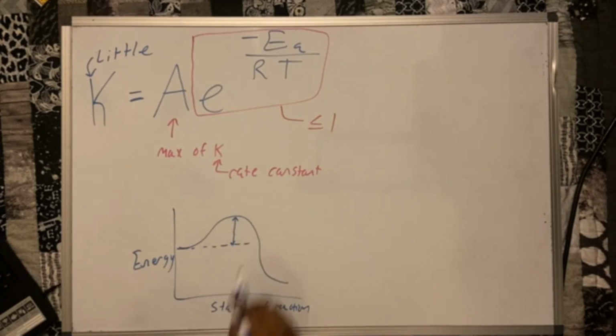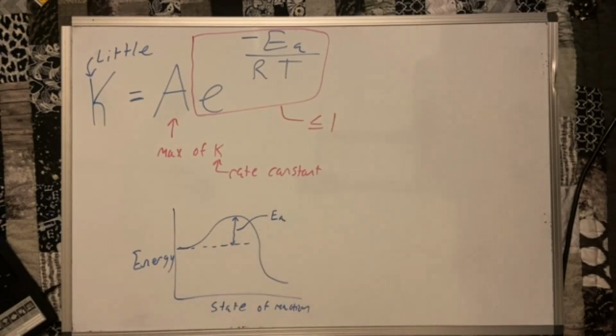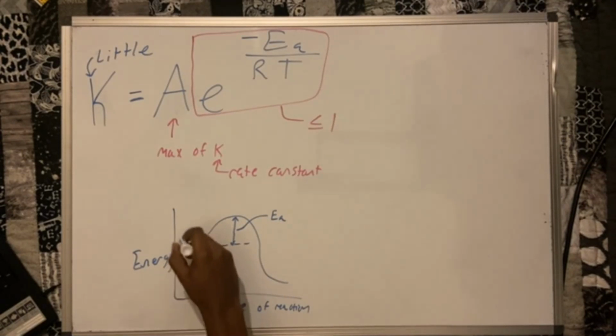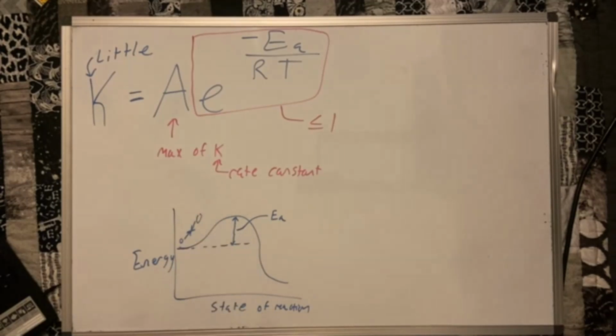A long time ago, remember, we defined this as our activation energy. So this bottom little chart is what they're asking about. This is where our reactants hit each other. Those are the reactants getting ready to collide.